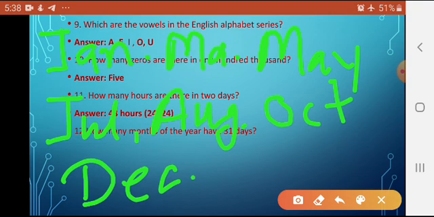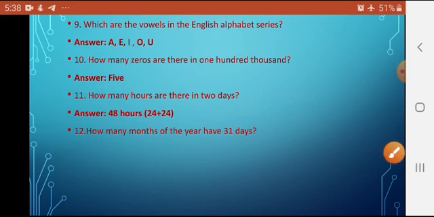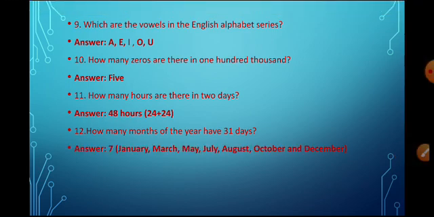So how many months are there? 1, 2, 3, 4, 5, 6, and 7. So there are 7 months which have 31 days. So the answer is 7 months: January, March, May, July, August, October, and December.